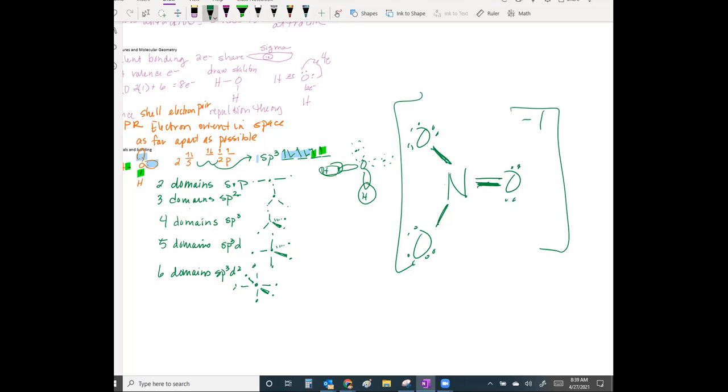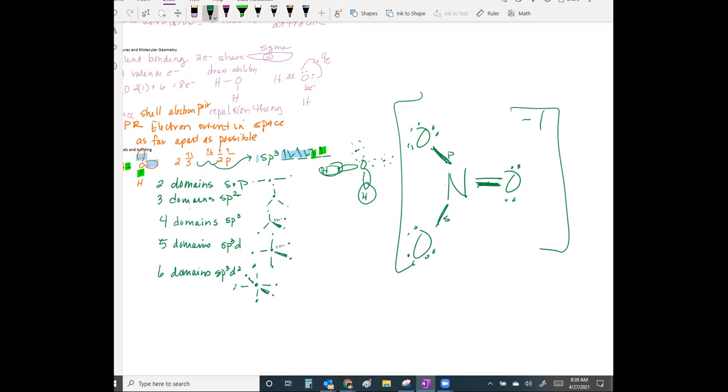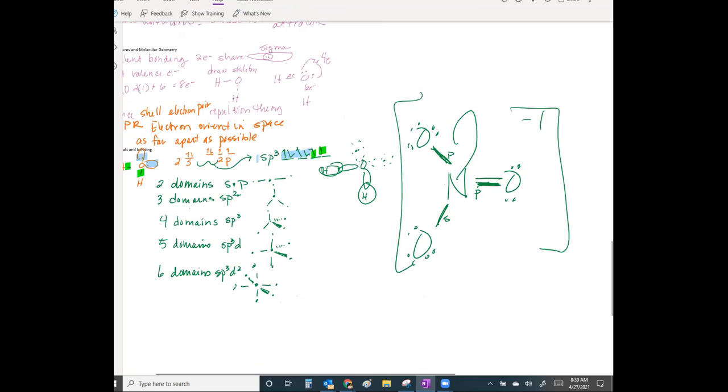Okay. So that nitrogen bonds, here's the s, here's a p, but there's still an unused p. There's the unused p. And the oxygen, these lone pairs are in an s orbital.